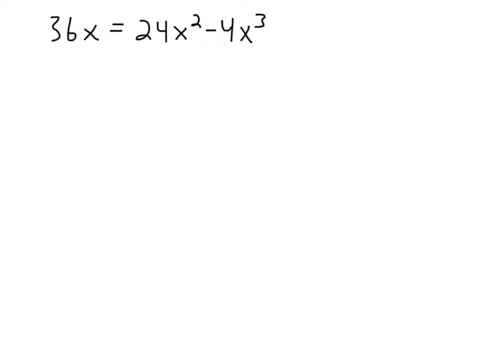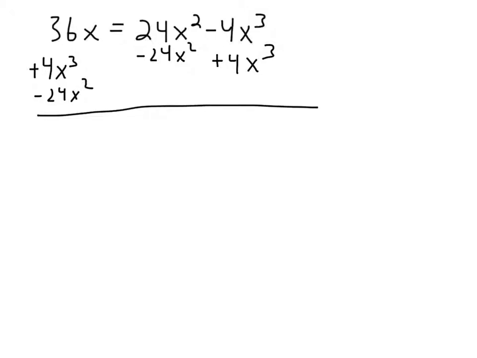So if I added it to both sides, it would cancel off on the right side and it would end up being positive on the left side. And then I'm going to subtract the 24x squared from both sides.